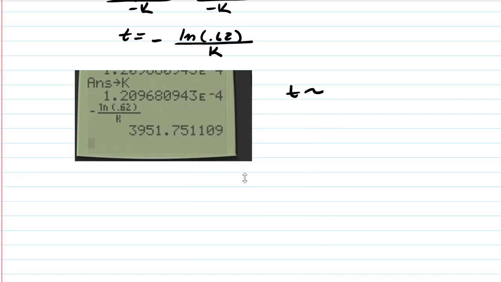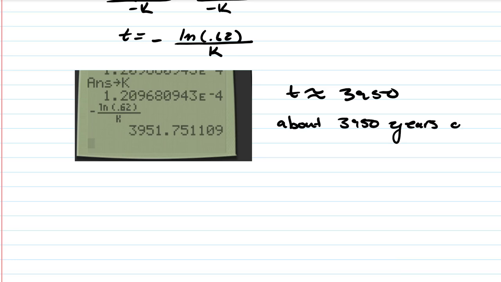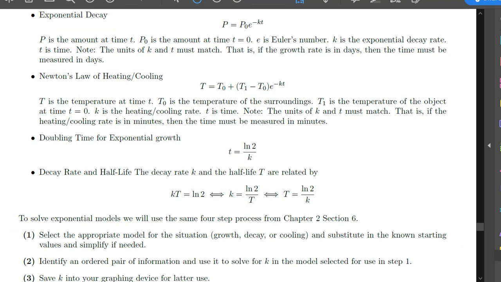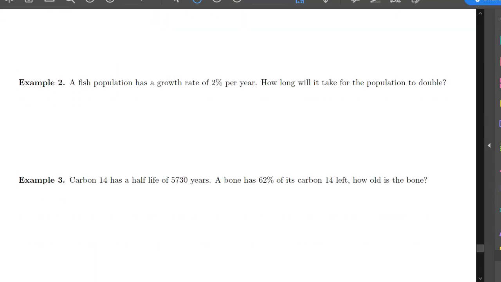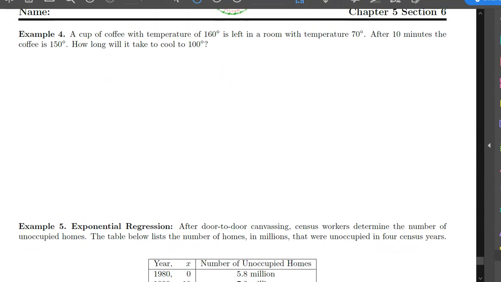So t is about 3,950. So the bone is about 3,950 years old. All right, let's take a look at our next example.